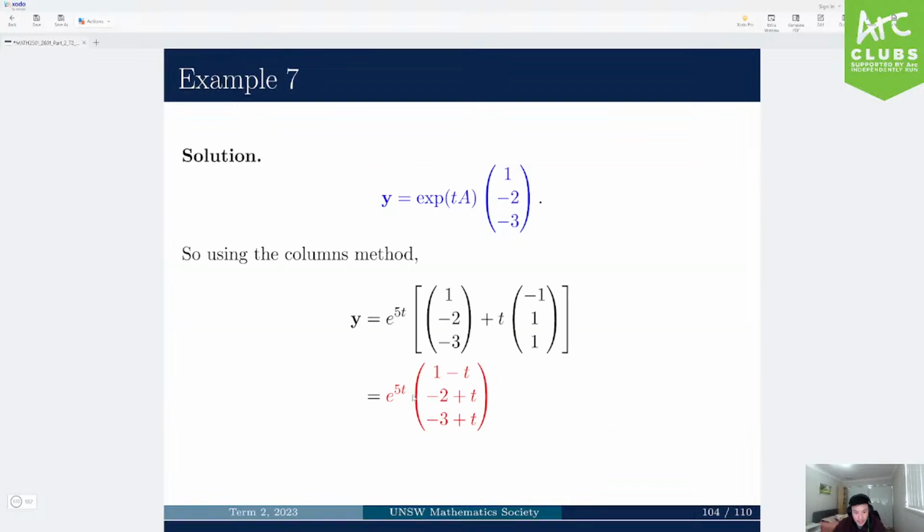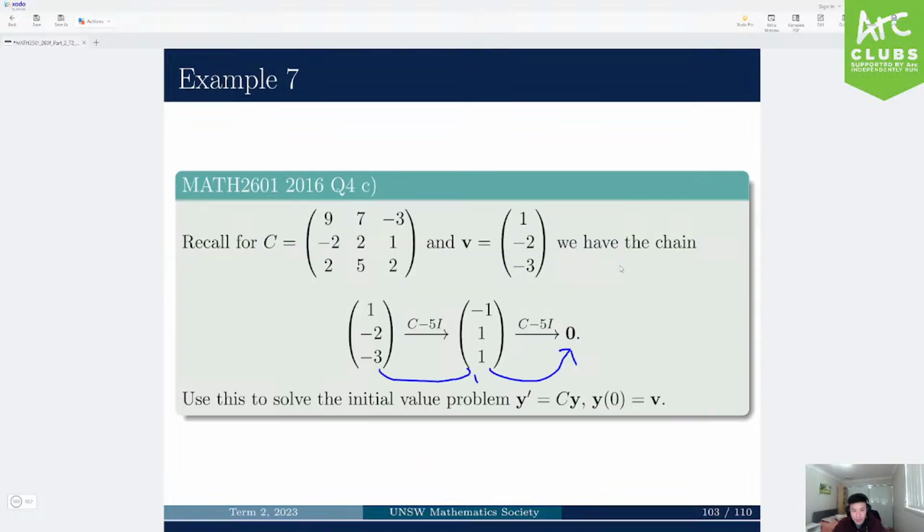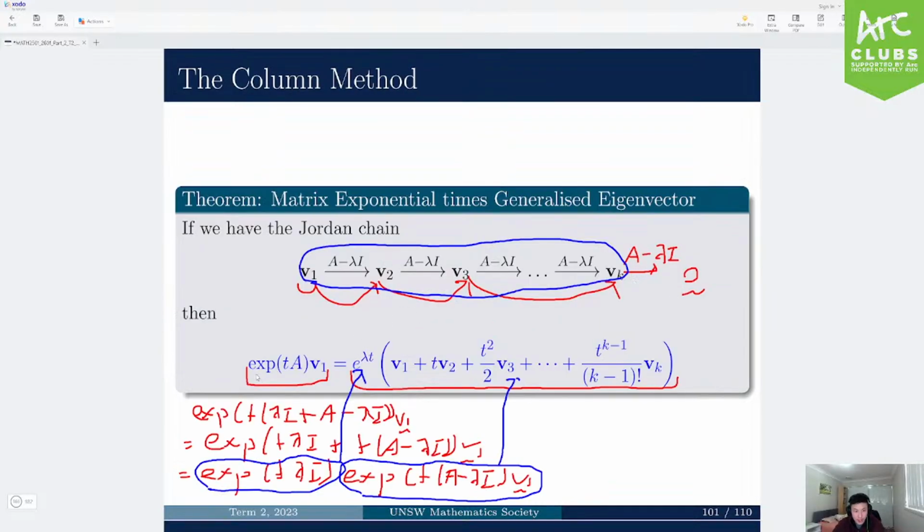And that is going to equal e to the 5t multiplied by this. And this allows us to calculate solutions of differential equations without actually finding the exponential. And this column method was just using this theorem here.